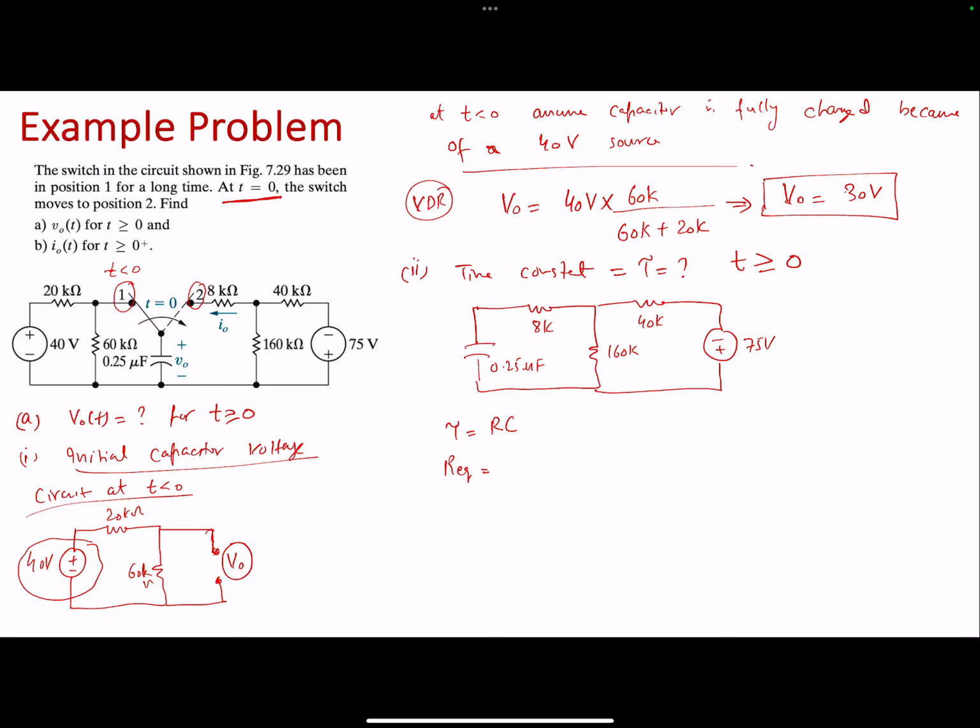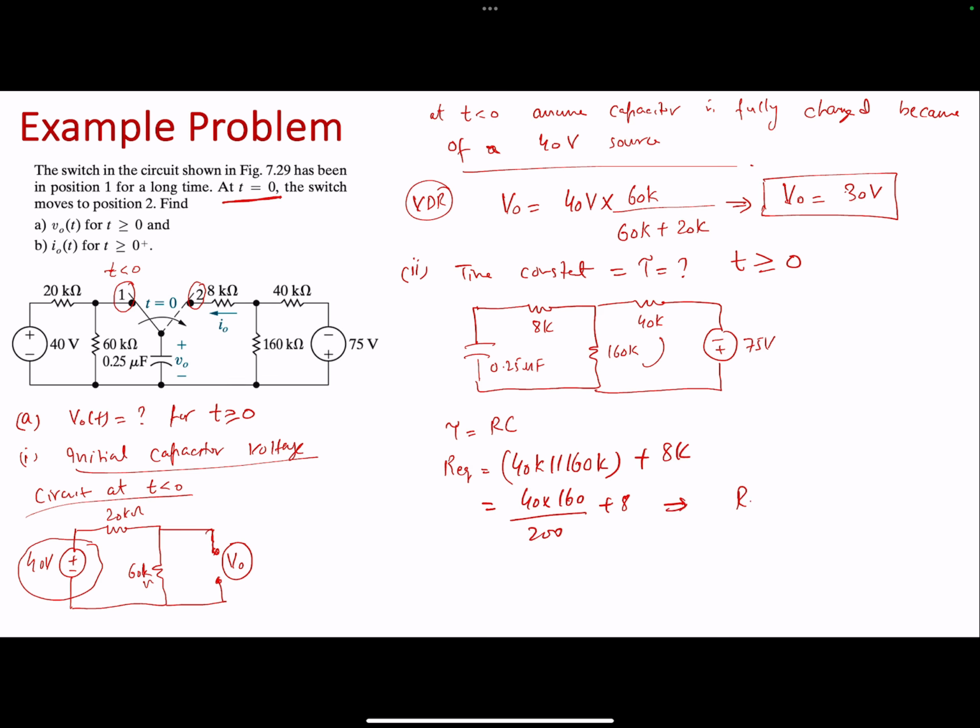If I look at the circuit, I can easily see that the 40K and 160K are in parallel to each other, and that is in series with 8K. If you like, you can solve this: 40 times 160 divided by 200, plus 8.